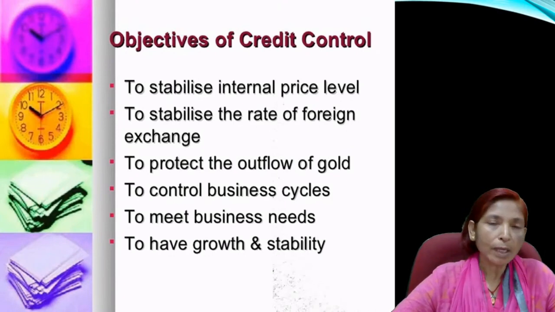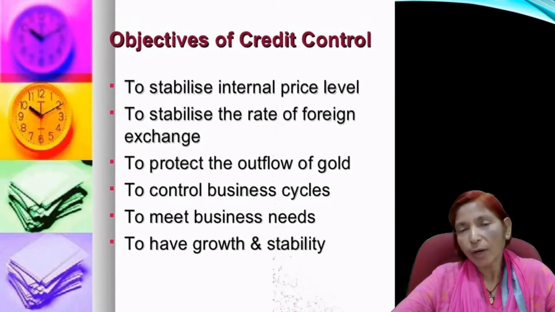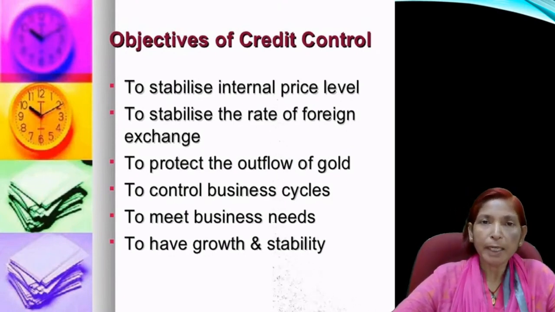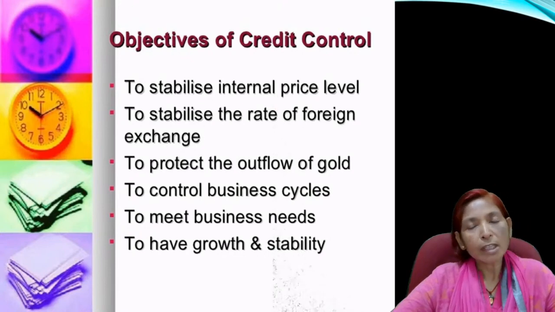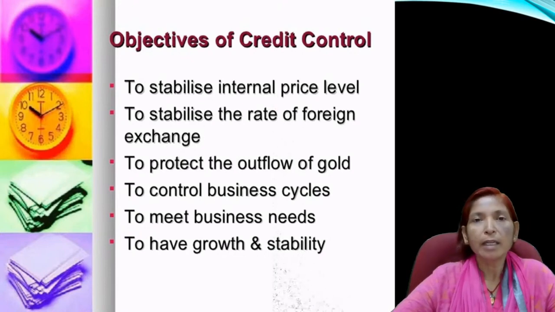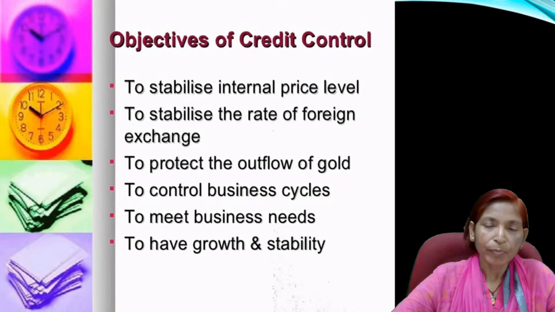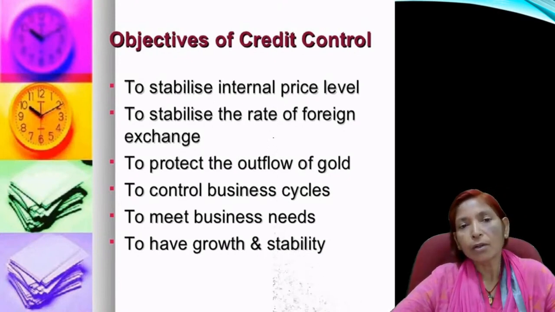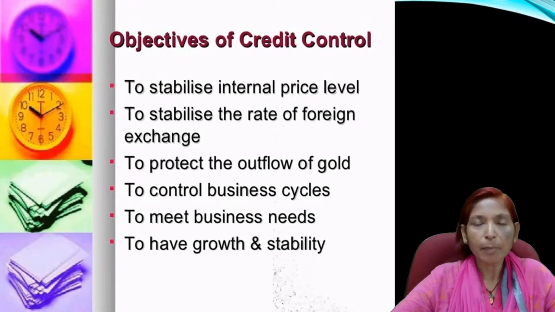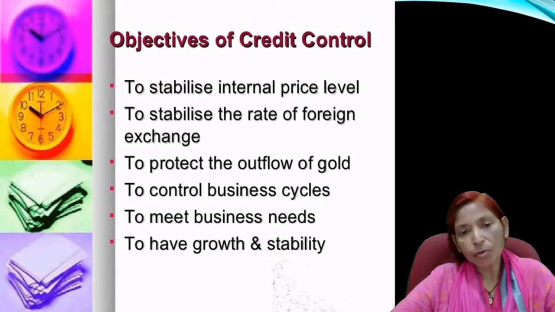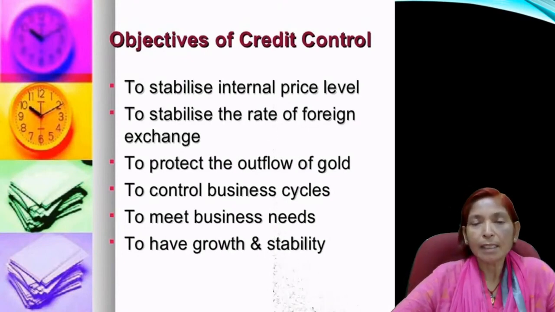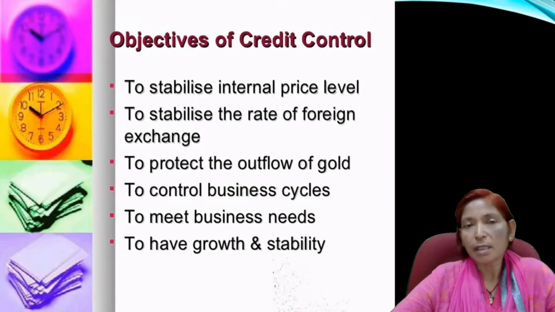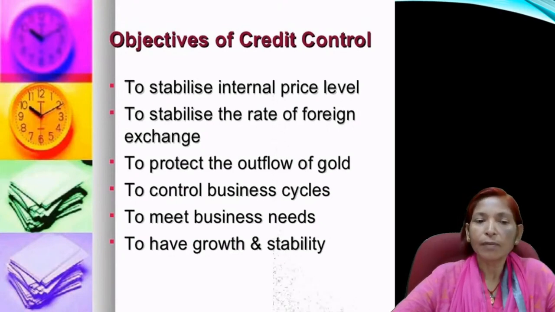And there are two types of policies. One is monetary, which is made by RBI, and the other is fiscal policy, which is made by the Government of India. The purpose or goal behind credit control is to stabilize the price level of the country, to stabilize the rate of foreign exchange, to protect against the outflow of gold, to control business cycle situations like boom, recession, depression, recovery.